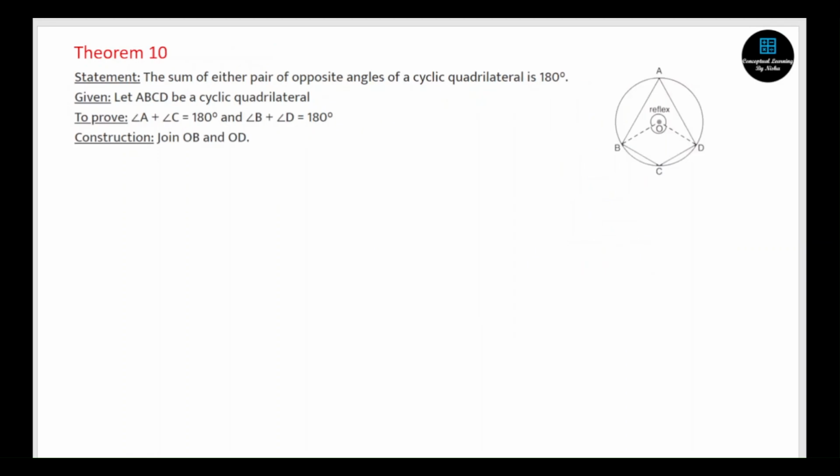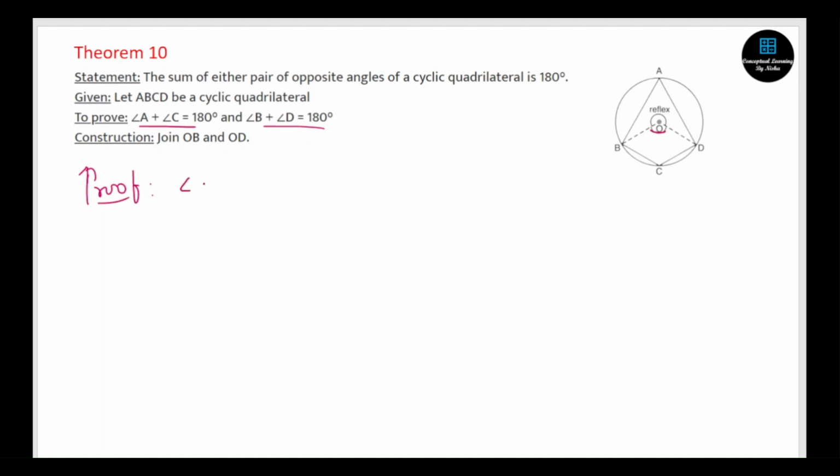Now the next theorem, which is again very important. What they are saying: the sum of either pair of opposite angles of a cyclic quadrilateral is 180. Means what? Angle A plus C is 180 and B plus D is 180 for a cyclic quadrilateral. Now how to prove it? It is very easy. We just learned the theorem: the angle subtended at the center.